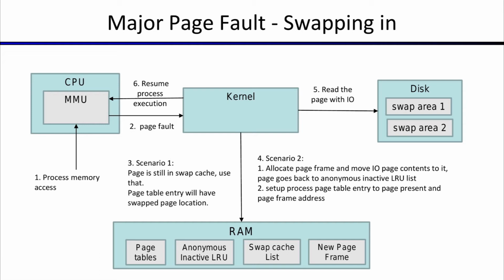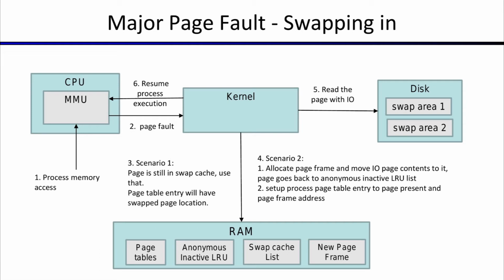The other scenario is that it is actually on the disk now and there is no page frame allocated to it. So the kernel is going to allocate a page frame, go to the disk, move the contents out of the swap space on the disk, and copy it into the frame.